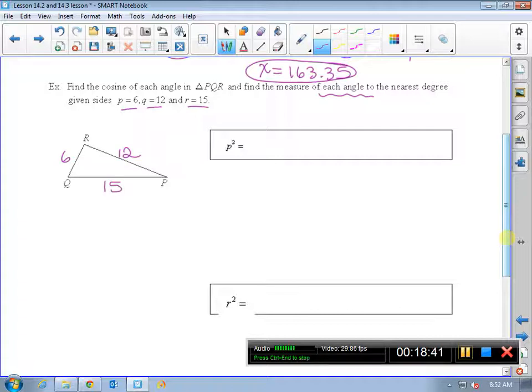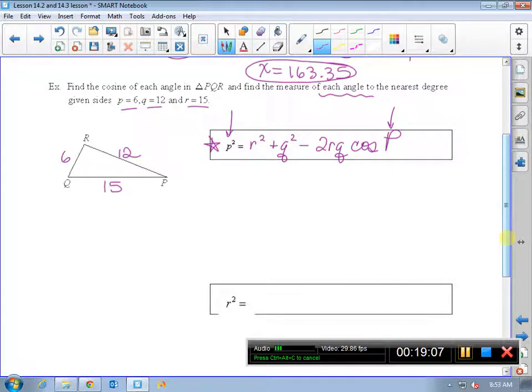So we're going to start off with P squared. So P squared would equal R squared plus Q squared minus 2RQ cosine of angle P. Remember this side across from that angle. Now we're going to actually go find the measure of angle P using these three sides.